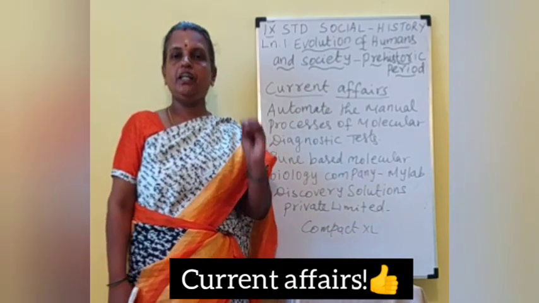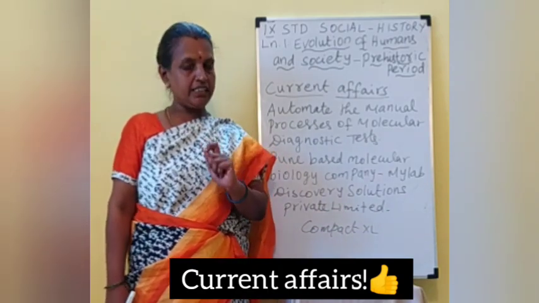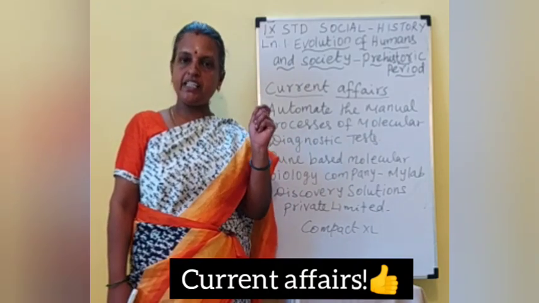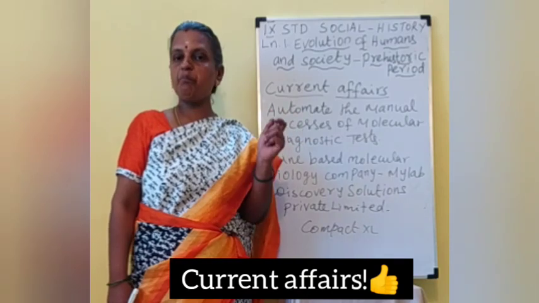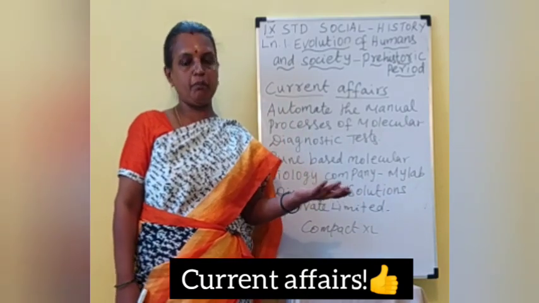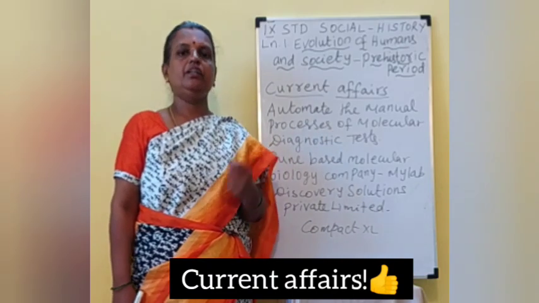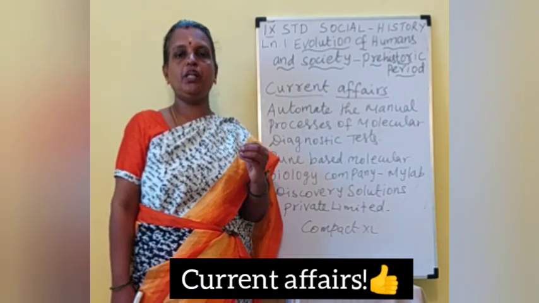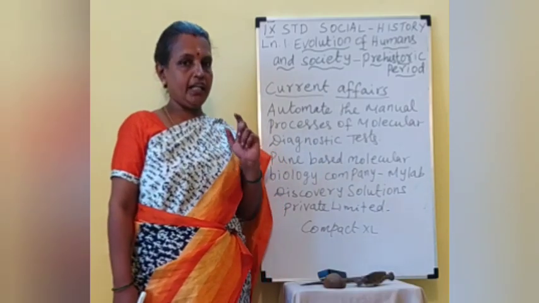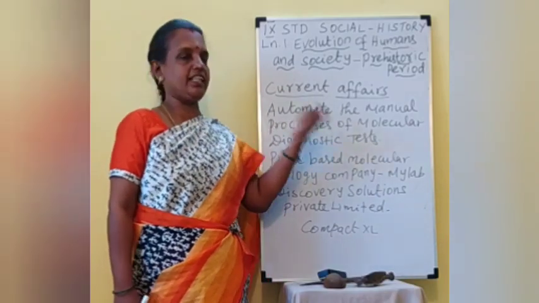With this machine, we can diagnose the molecule. For diagnosing the RNA, DNA, plasma, tissue, etc., there is no need for a human being. Manual power is not needed. It is more helpful to diagnose COVID-19 and for molecular diagnostics.